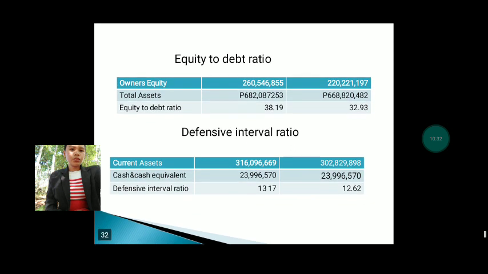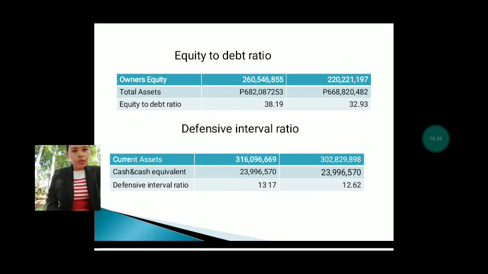Equity to debt ratio. The equity to debt ratio is owner's equity over total assets. The amount is 260,546,855 divided by 682,087,253, and the result is multiplied by 100%. So the total is 38.19, and the same for 2018.